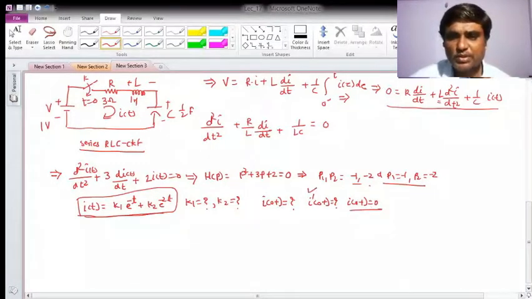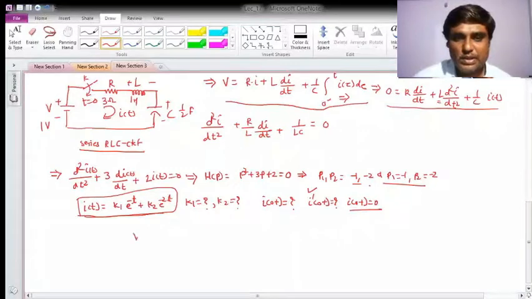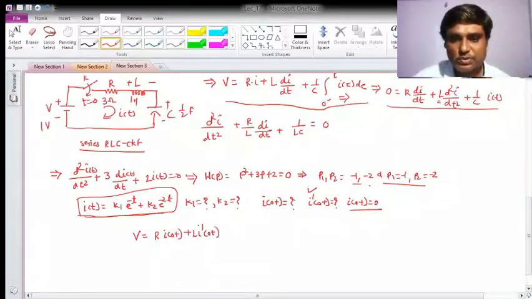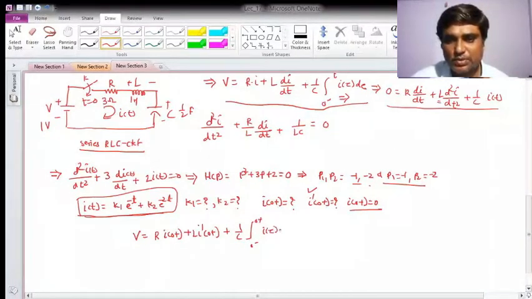In order to find the derivative of it, we have to consider this equation. V is equal to R times I of 0 positive plus L times I dash of 0 positive plus 1 over C times the integral from 0 minus to 0 positive of I of tau d tau.